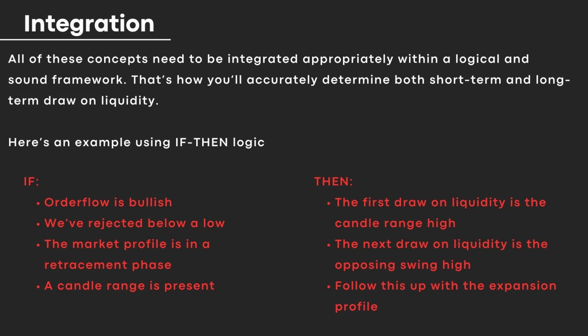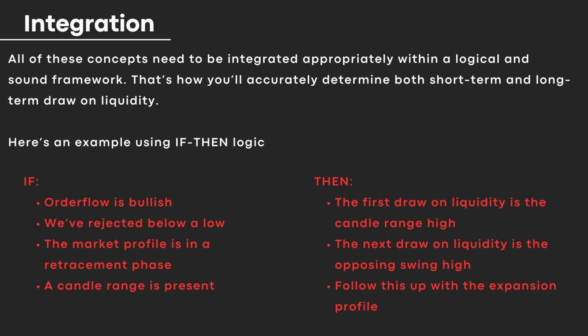Once all of the concepts I mentioned earlier are integrated accurately and logically around a logical framework, only then will you be able to accurately and precisely determine your draw liquidity, right? And for that, you'll use the if and then logic to assist you. For example, if the order flow is bullish, you first use the if matrix of the hypothesis.